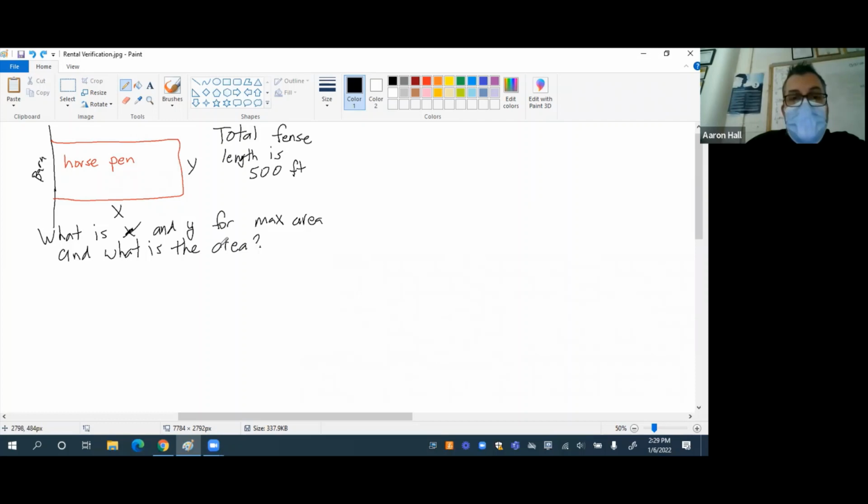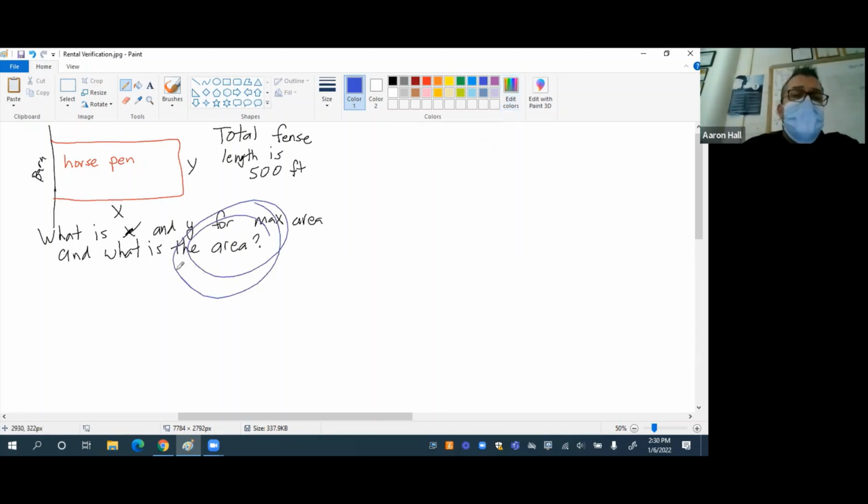Can you think of any equation that I need? Andrew, can you think of any equation that I need to solve for this? Not too sure on this one.